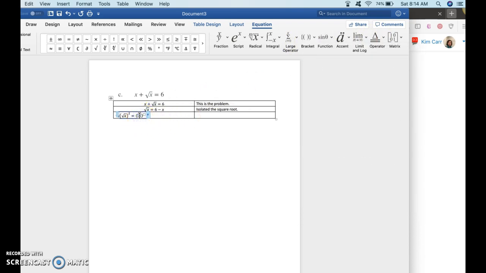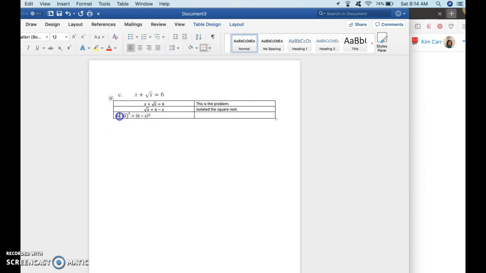I'm going to put the 6 minus x and raise it to the second power. And whatever this little doohickey is out here, he needs to disappear. This really should be centered. Okay, so we square both sides to remove the radical.